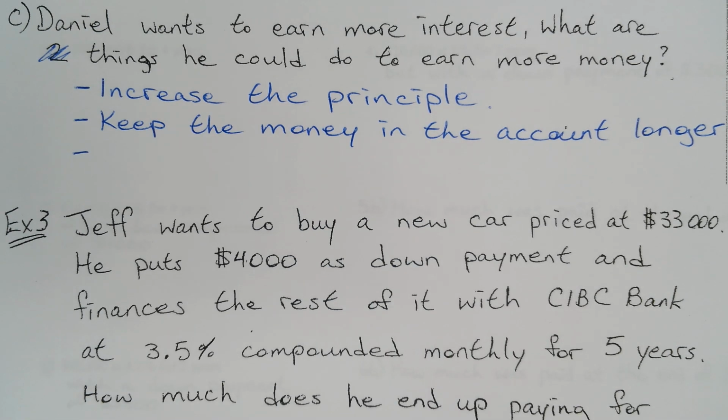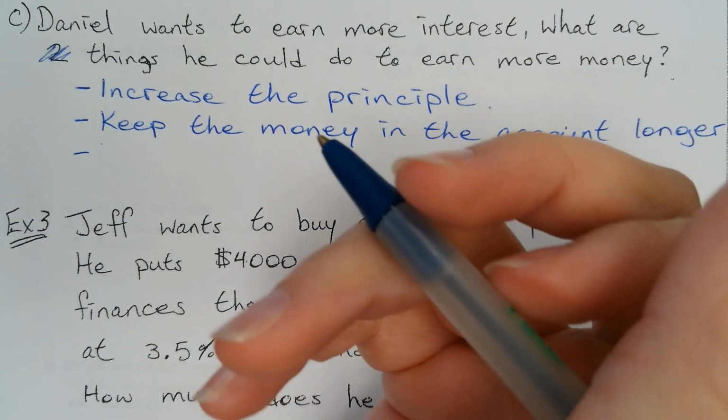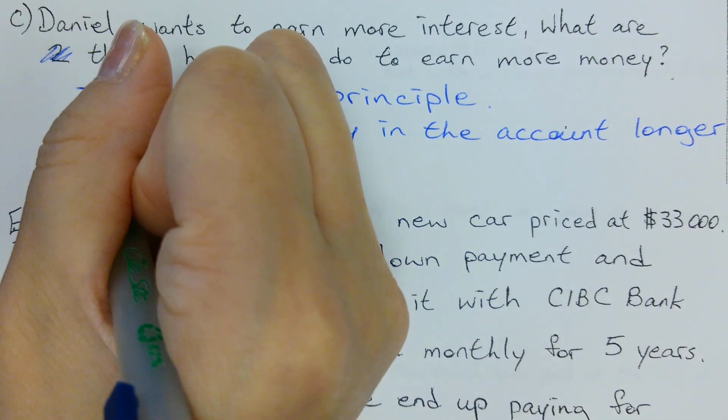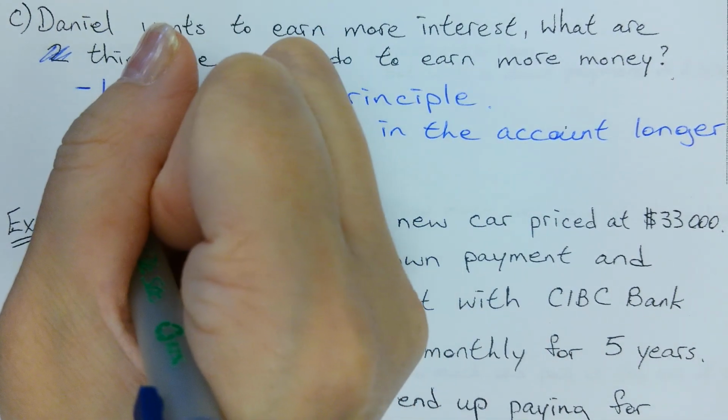My financial advisor says you could choose a different bank. Excellent, good job. I think you're going to do really well in this chapter. I like money. You like money? Good answer.